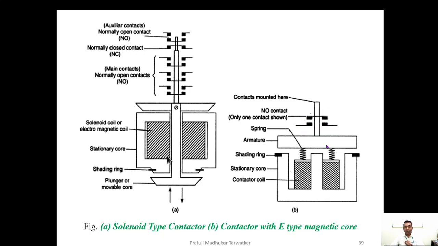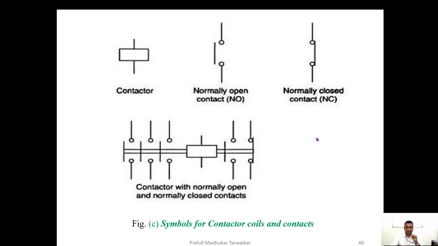So this is a normally open type of solenoid type contactor. All these are normally open. You can see a normally closed contact here. When the plunger gets operated, it will open and this will close. So this is how the solenoid type contactor works.